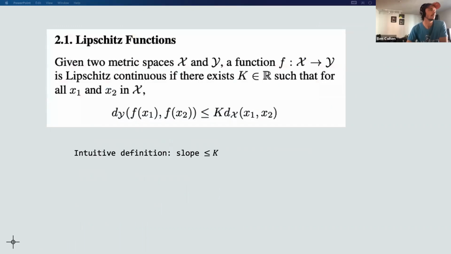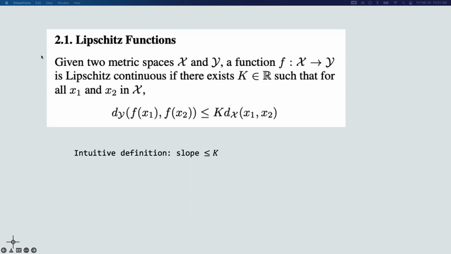Okay, so now let's actually talk about the paper and Lipschitz functions. Here's the definition of a Lipschitz function. My x and my y both need to be metric spaces, and dy is a metric in the y world, and dx is a metric in the x world.